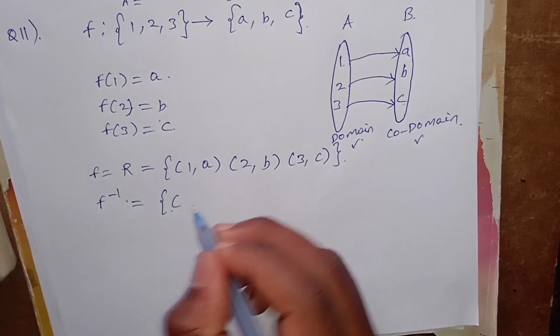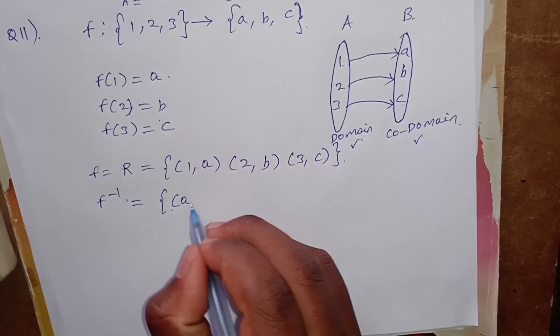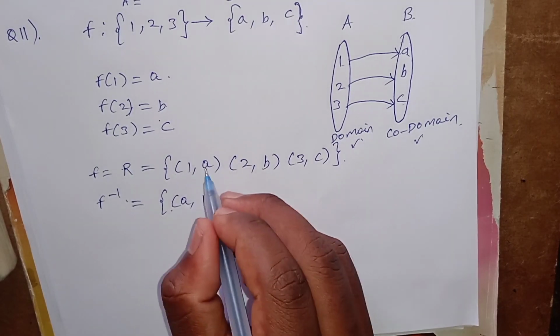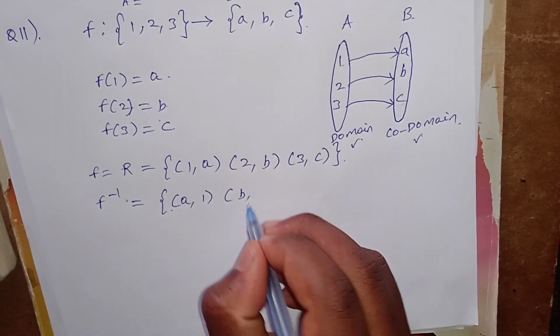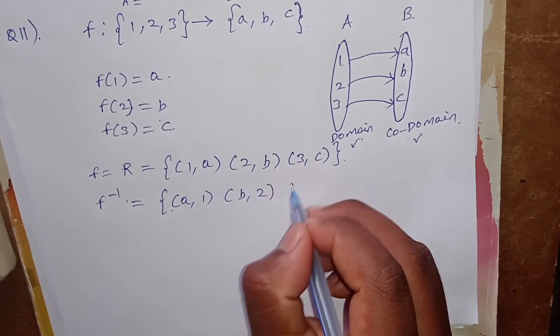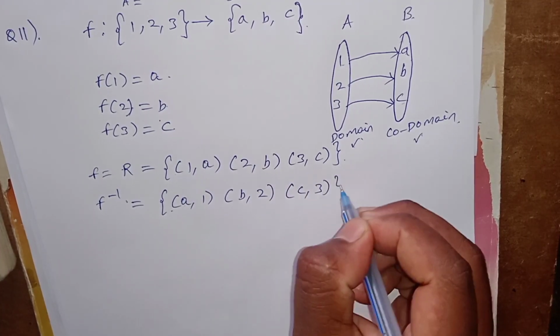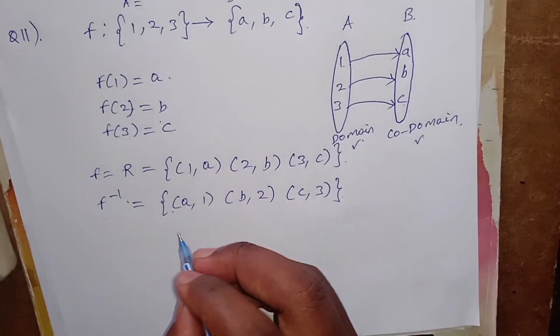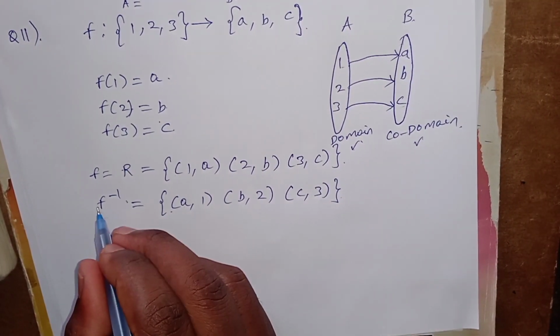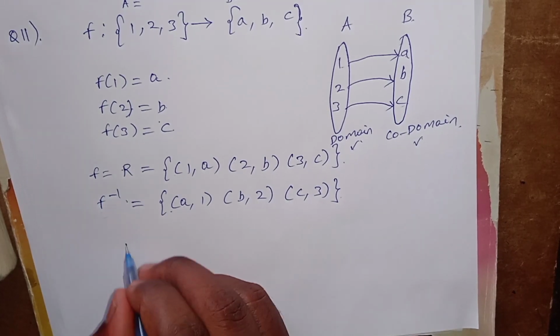The inverse is nothing but (a, 1), (b, 2), (c, 3). This is my inverse. Next, you have to show that the inverse of the inverse function is f.